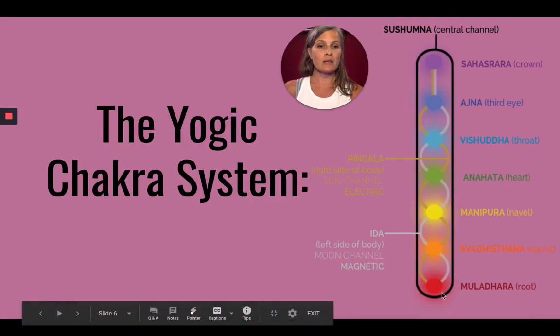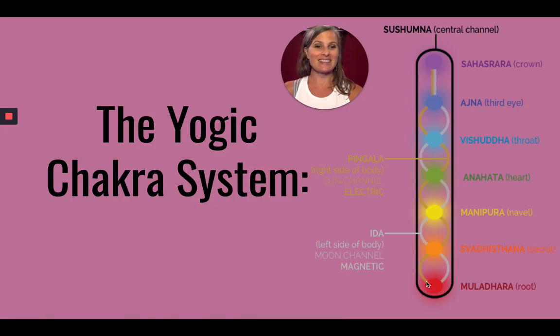And then coming back down, here we have the Pingala, the gold channel, the electric sun channel, starting on the right side and weaving up, joining together here and rising up to the crown chakra.